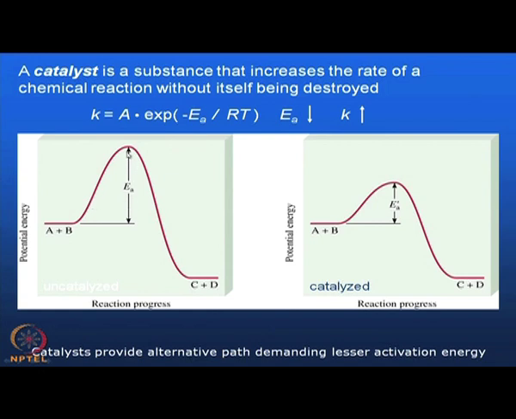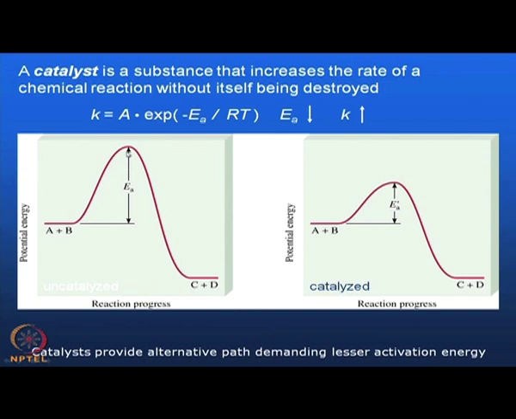So, suppose by some means we can reduce this Ea, maybe by introduction of a third component in the reaction mixture, or maybe if we raise the energy state of the reactants or reduce the activated state by some means, then this separation will be reduced.